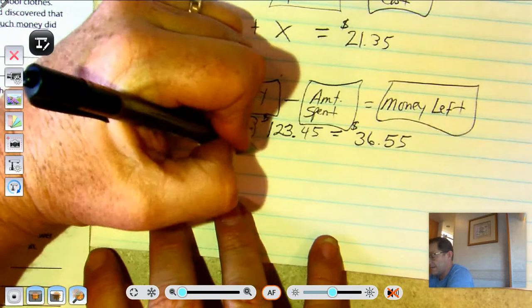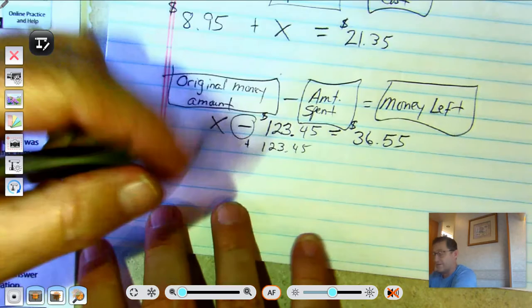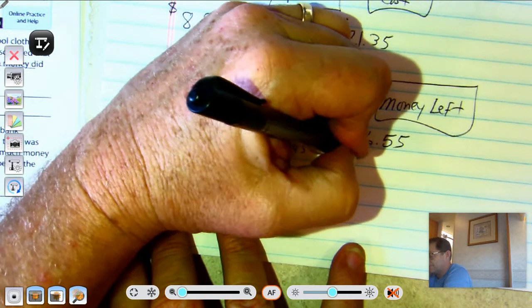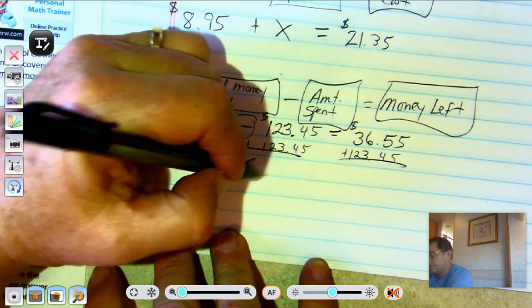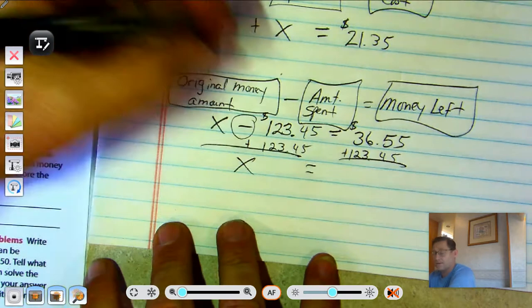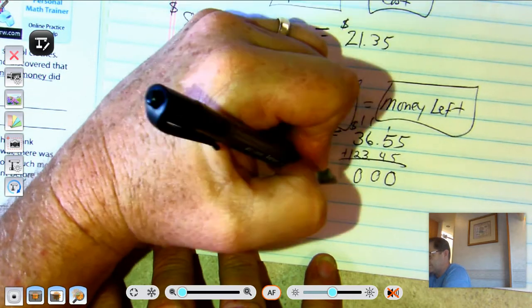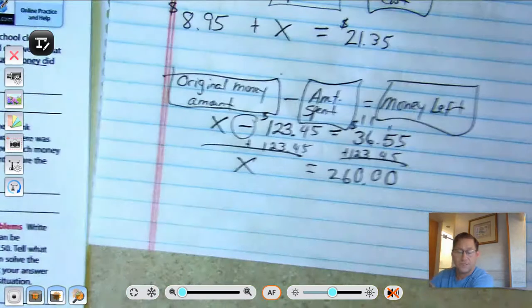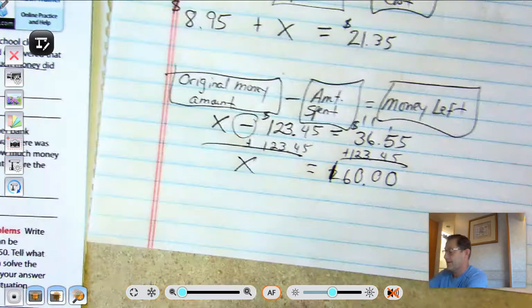So I'm going to do the inverse and add 123.45 to both sides. I'm going to be left with x on the left-hand side. And on the right-hand side, I'd be left with $160.